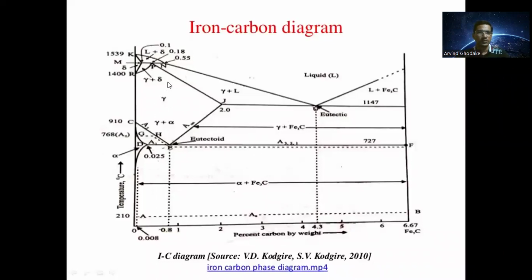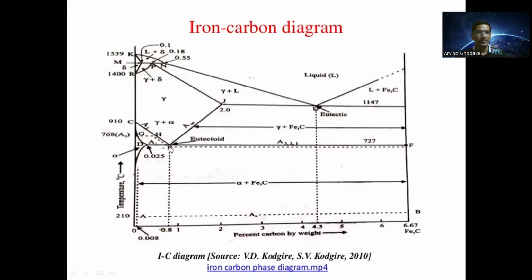this phase is the austenite, then this phase is alpha ferrite, then this is gamma plus Fe3C. Fe3C is the cementite phase. Then here it is alpha plus cementite, here gamma plus liquid, here gamma plus delta, here liquid plus delta, here ledeburite plus Fe3C.